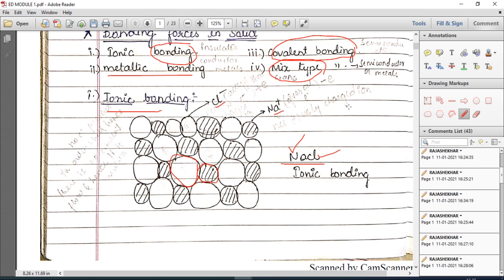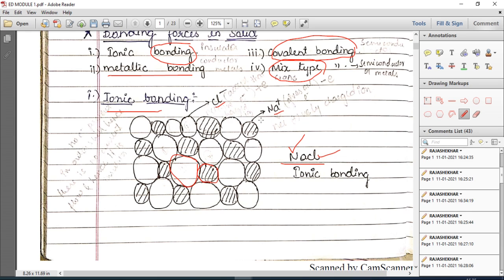As I said, in this NaCl lattice, you can also call it a lattice structure, the Na atom gives up one outer shell electron, and in exchange that Na atom becomes an Na plus ion.